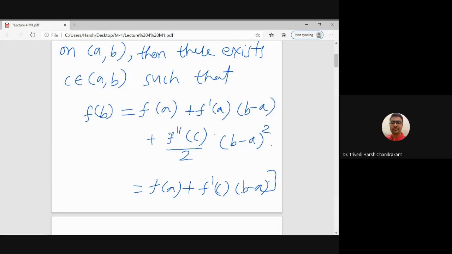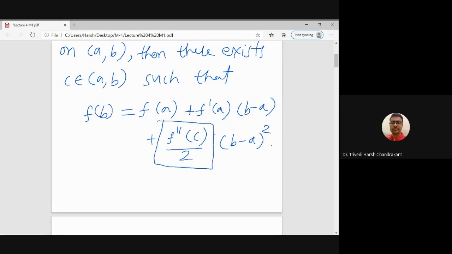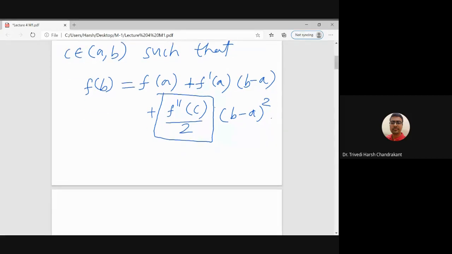So this way basically we can differentiate the function as many times as its differentiability is given, and we can write f of b up to that many terms. Let us see what it gives as an output.